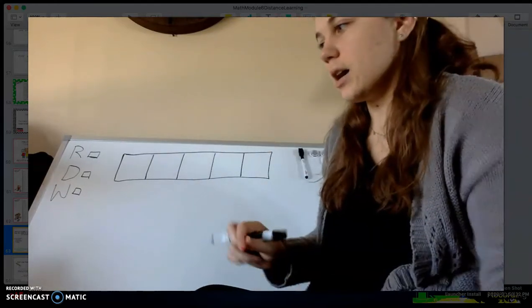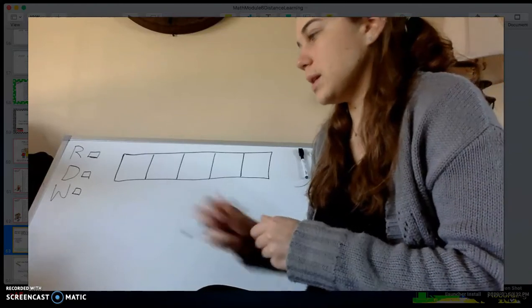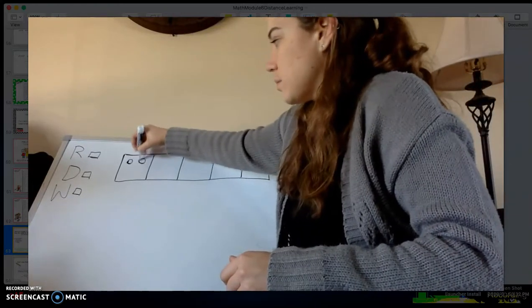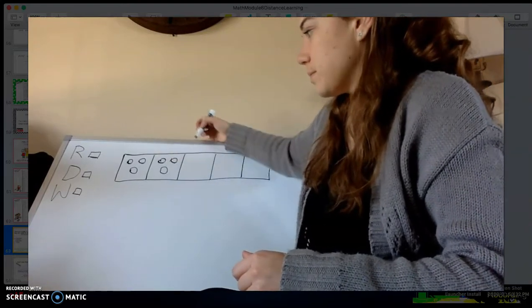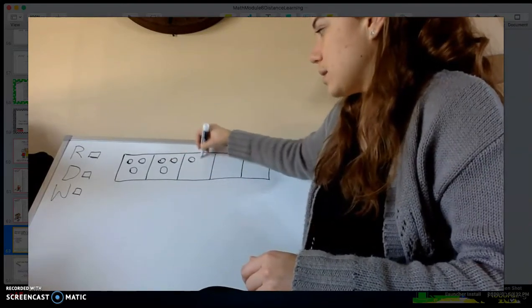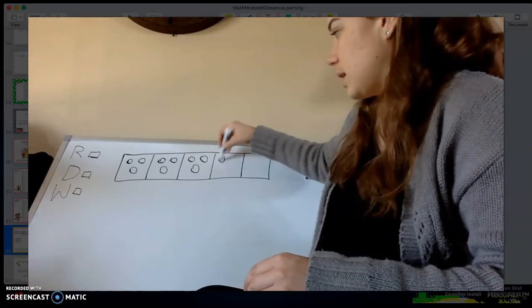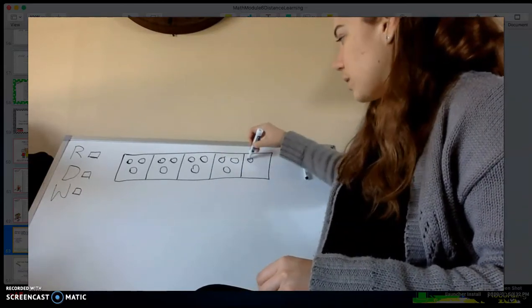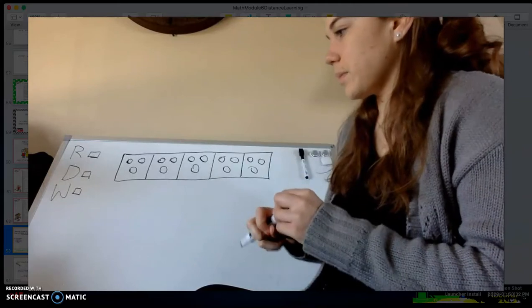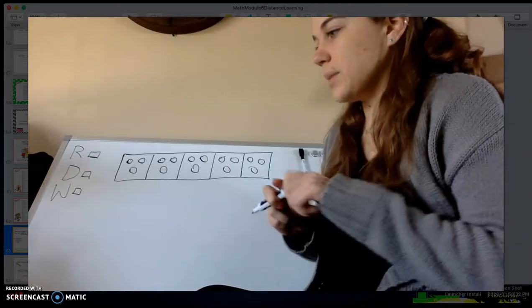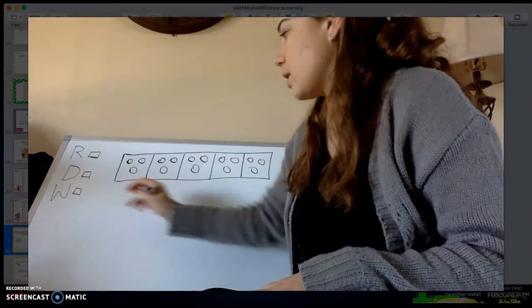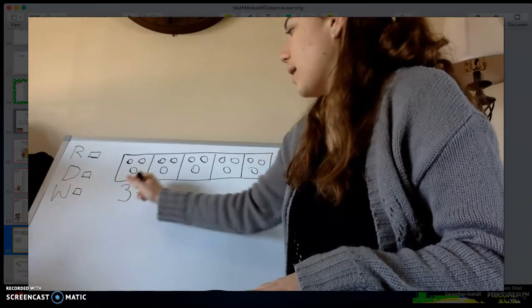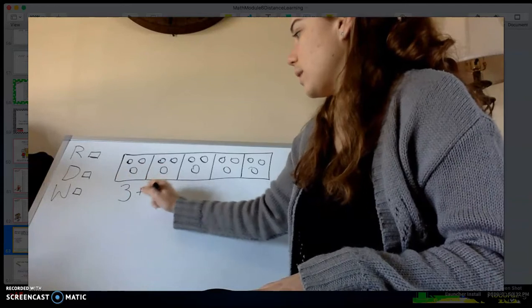Now they said that there are 3 roses, 3 buttercups, 3 sunflowers, 3 daisies, and 3 tulips. Now let's write our repeated addition sentence. So what do we have here? Good, 3.